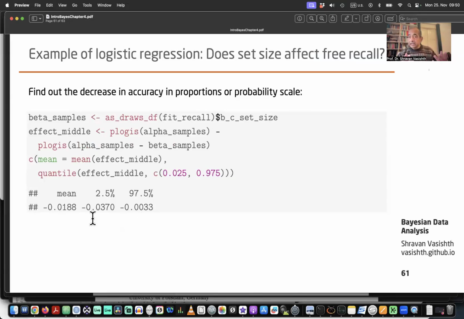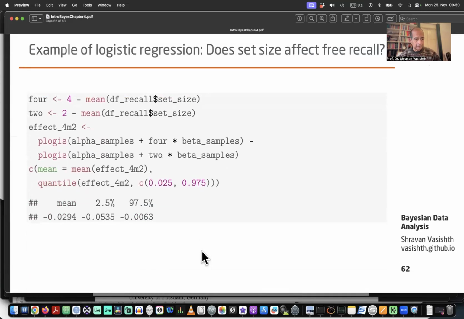So this is a very convenient thing now, because we fit our model in log odds space, and we can always figure out whatever quantity of interest we are interested in theoretically by doing this calculation, this back transformation. This should remind you of the log normal transform also. That's similar to what we did earlier.